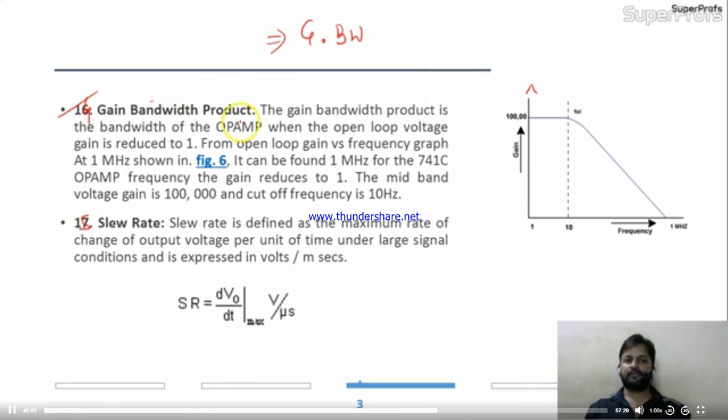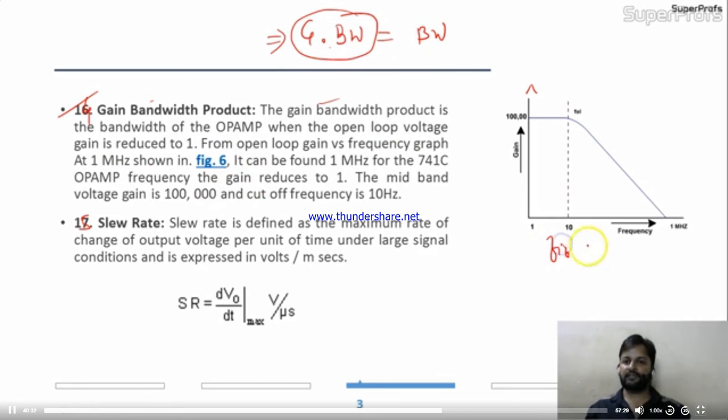The gain bandwidth product is the bandwidth of the op-amp when the open loop voltage gain is reduced to 1. See what they are saying: the gain bandwidth product is the bandwidth of the op-amp when the open loop voltage gain is reduced to 1. If the gain becomes 1, the gain bandwidth product will be equivalent to the bandwidth.